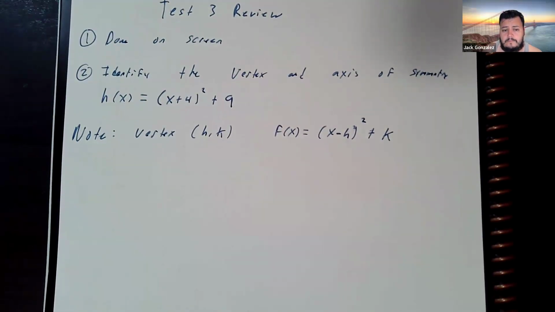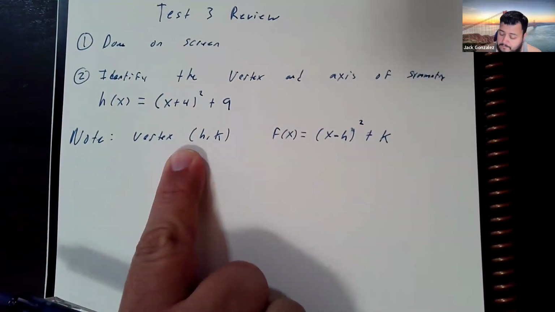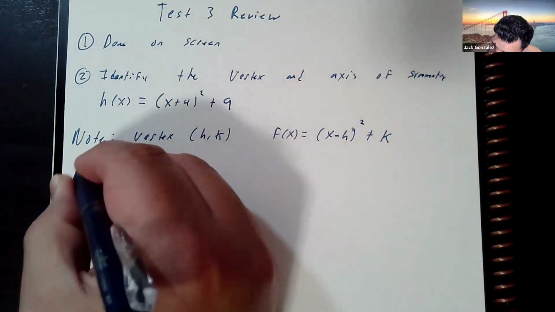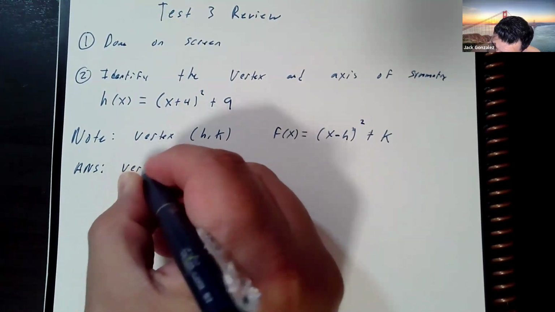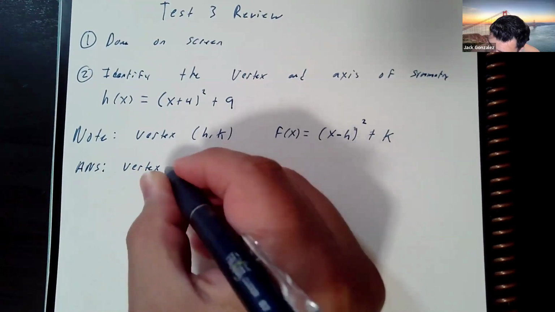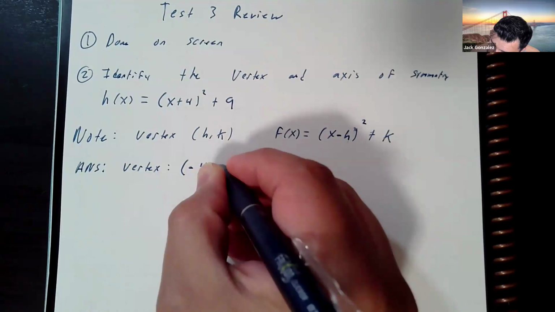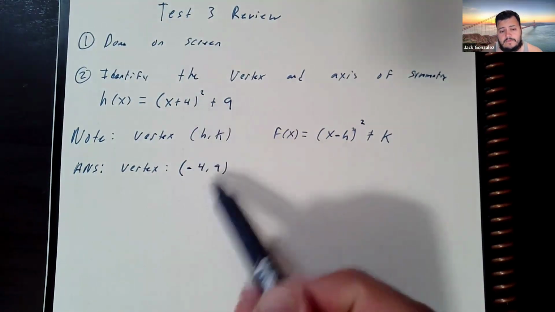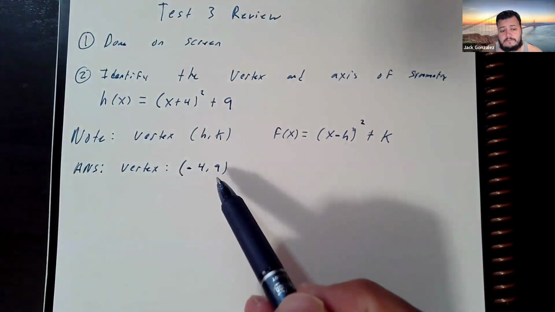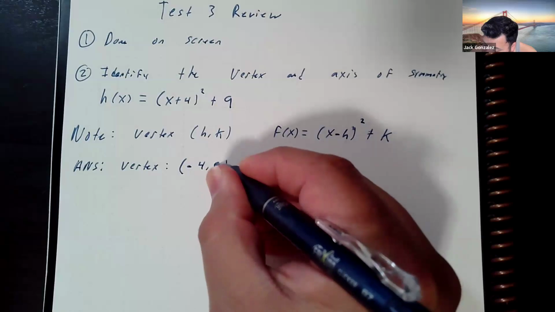Okay. So the h will always be the opposite. So the answer would be the 4, 9, right? Just make this minus this one just the way it is. Do y'all remember where the axis of symmetry happens?